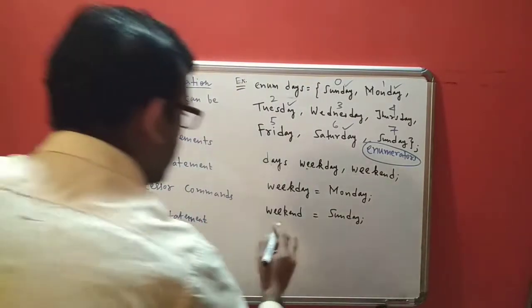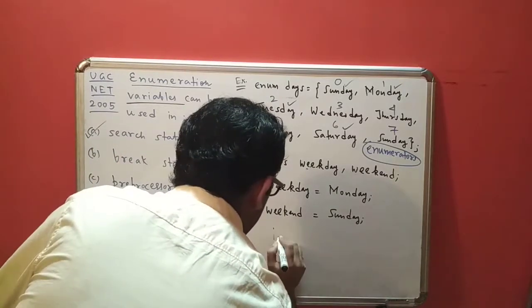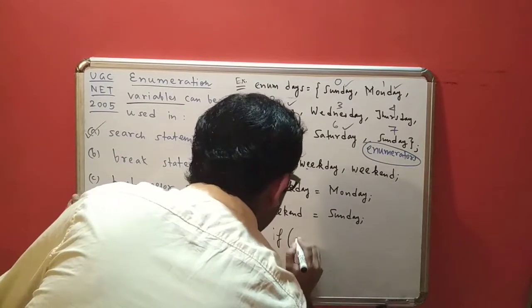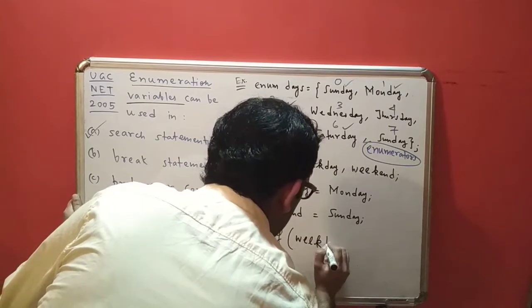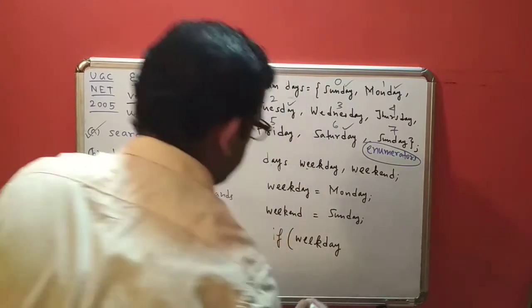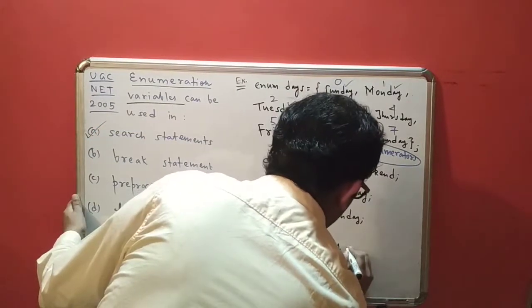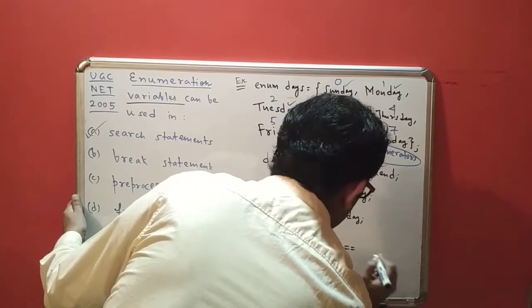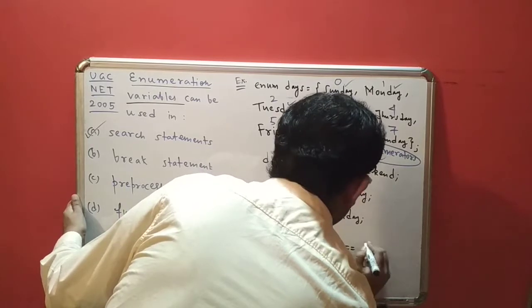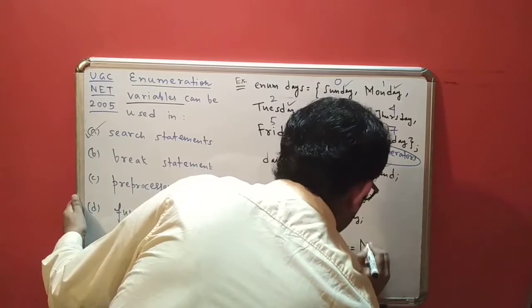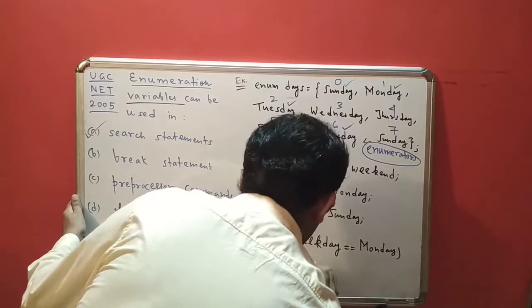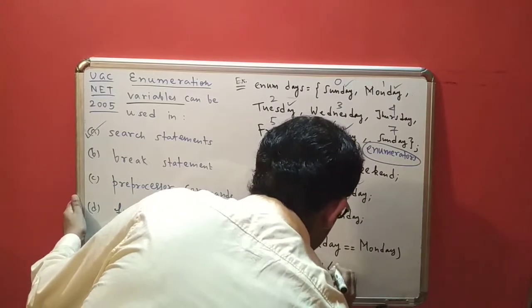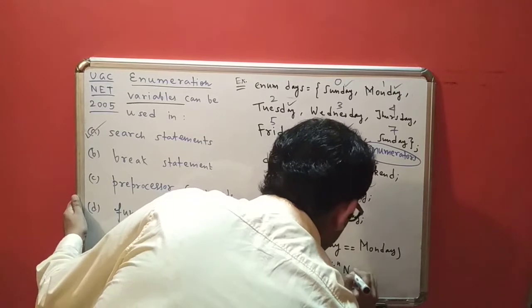How do I do that? I can do this comparison. If weekday equal to, let's say Monday, then cout new week.